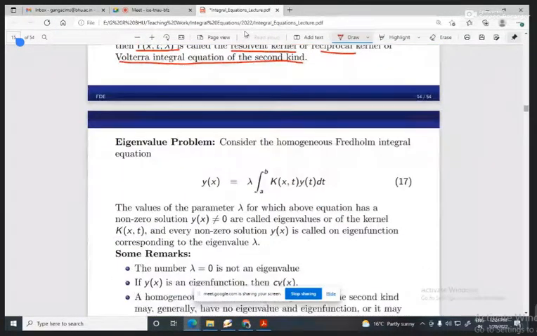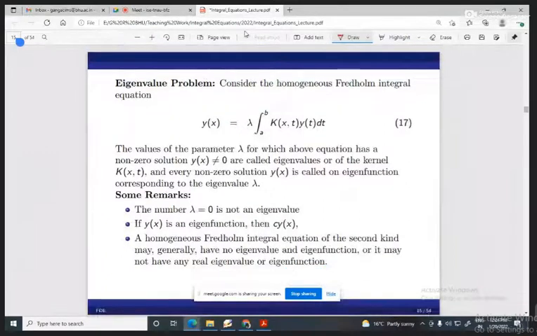Now, the eigenvalue problem for integral equations. First of all, you know the eigenvalue problem for a matrix: if A is a square matrix, lambda is any scalar and x is any non-zero vector, then the eigenvalue problem is Ax equals lambda x.